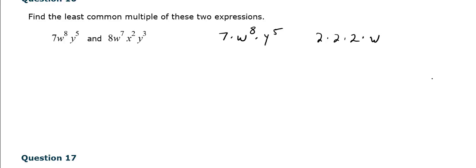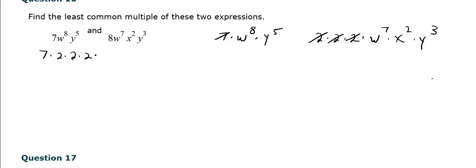And then we have w to the 7th, x squared, and y to the 3rd. So remember, we use every factor the most times that it occurs for a single factorization. So we would use a 7. We would use three 2's.